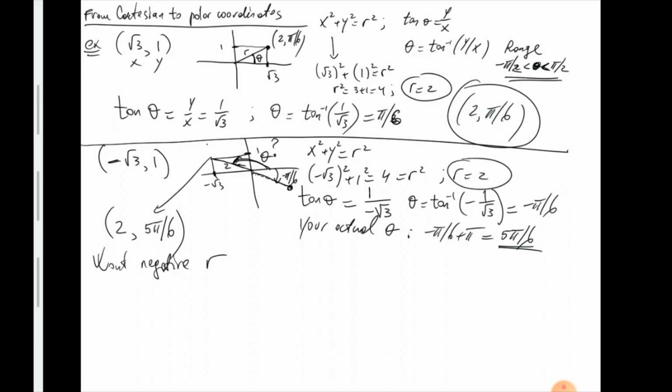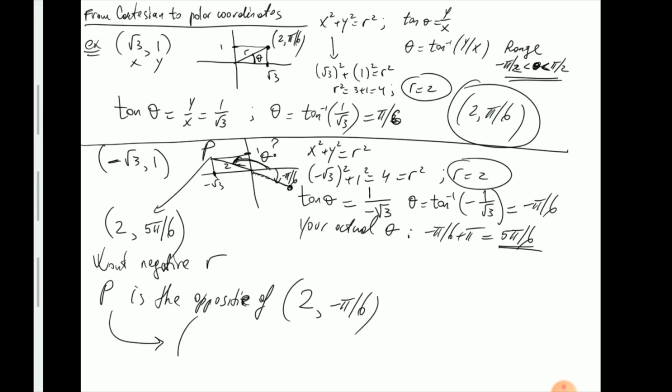So the point in question, let's call it P, is the opposite of the point 2, minus pi over 6. Therefore you could view this P as minus 2, minus pi over 6. This is just for practice, right? So minus 2, minus pi over 6 is another set of polar coordinates, but with a negative r.